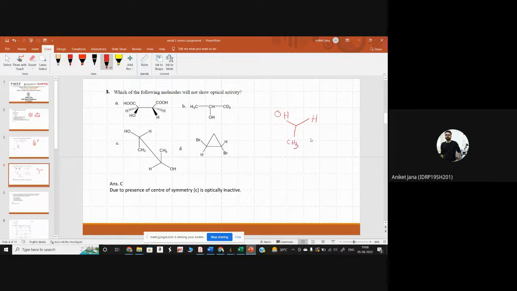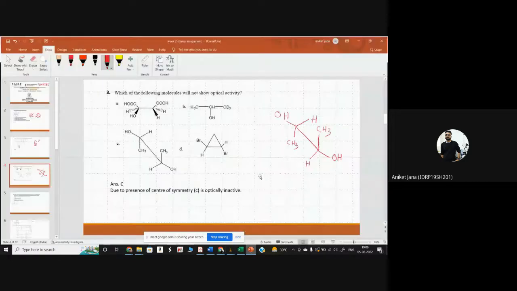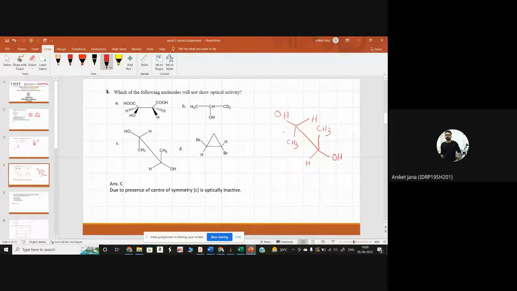So as we know, if a molecule has any kind of sigma plane or any kind of point of symmetry, then that molecule is optically inactive. It doesn't have any optical activity, right? What kind of symmetry does this one have?